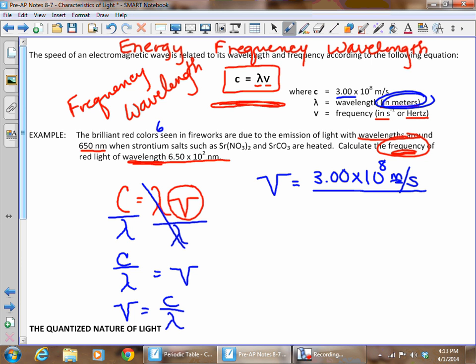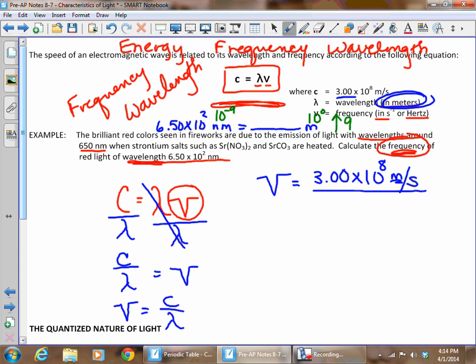So let's look at this. We've got 6.50 times 10 to the second nanometers, and we want to convert that to meters. Now remember how we do this. We know that nanometers, nano is 10 to the minus 9th. We know that meters, since it has no prefix, the base unit, is 10 to the 0. Going from -9 to 0, our unit is getting bigger by 9 places.